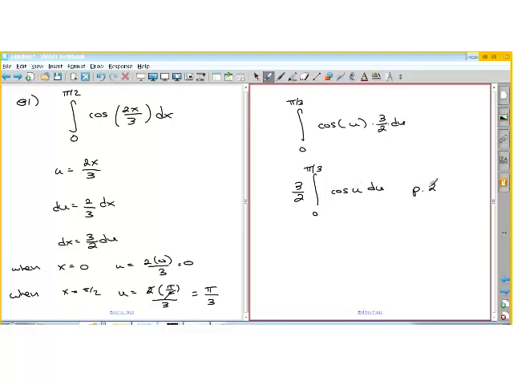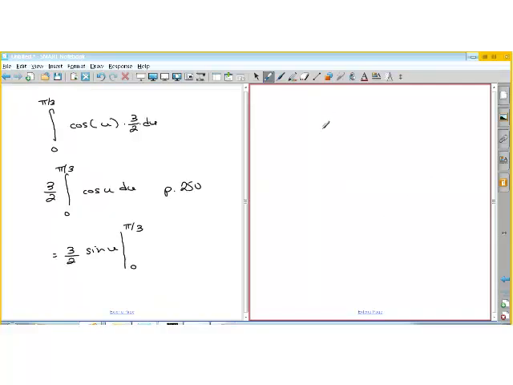We go to page 250, and we say, okay, what's the integral of the cosine of u du? It's the sine. So we get 3/2 the sine of u, evaluated between u equals 0 and u equals pi over 3. So now what we do is we just take our constant, multiply it by the sine of pi over 3 minus, so that's plugging in u at the upper limit, and then we subtract it at the lower limit, which is 0, sine of 0.